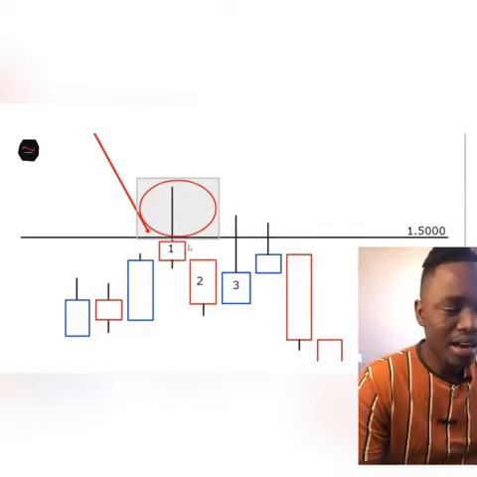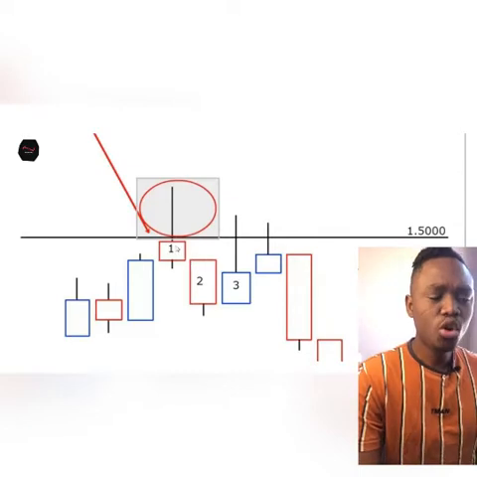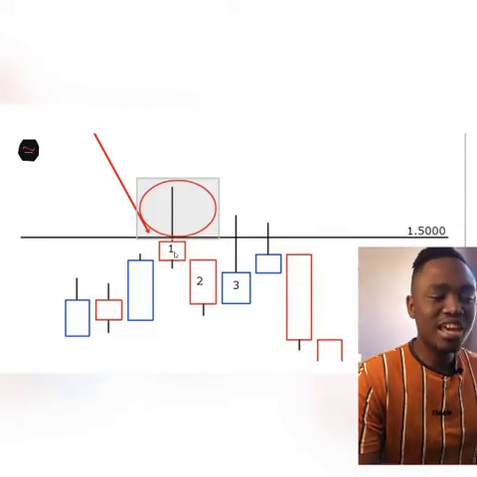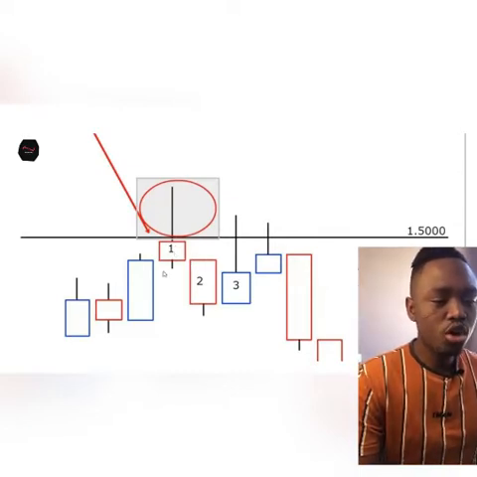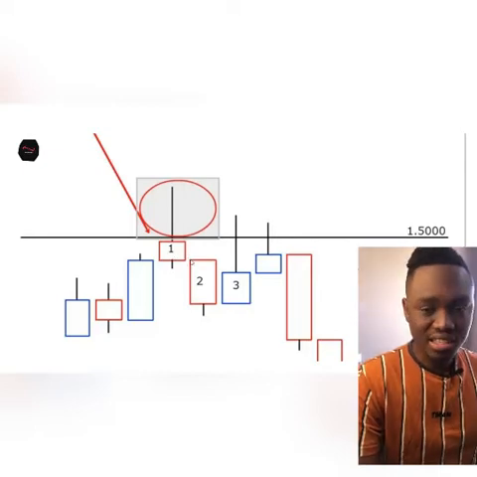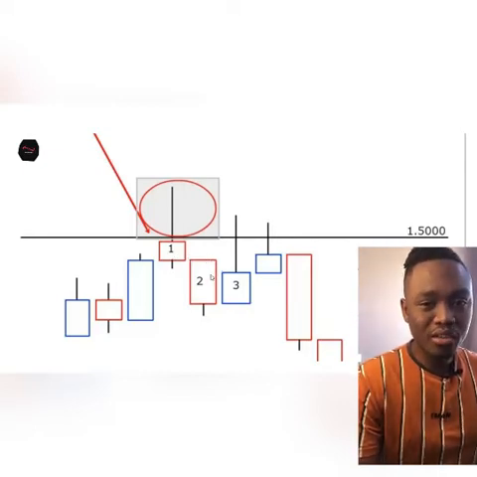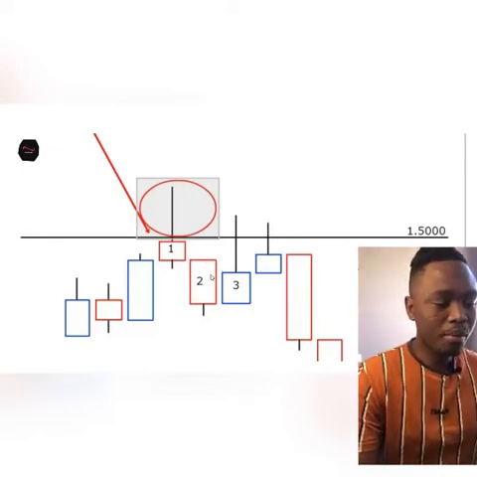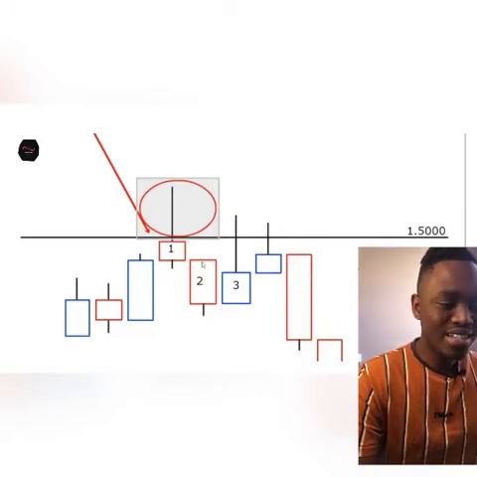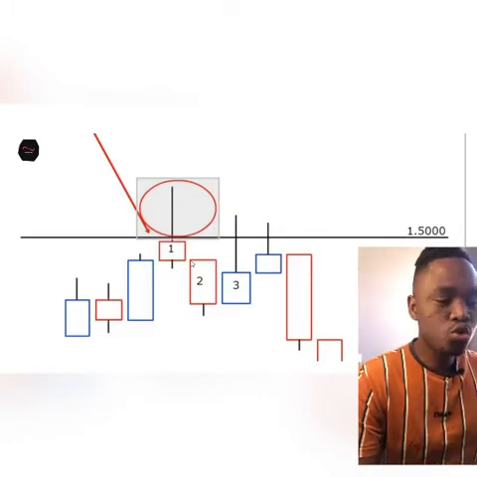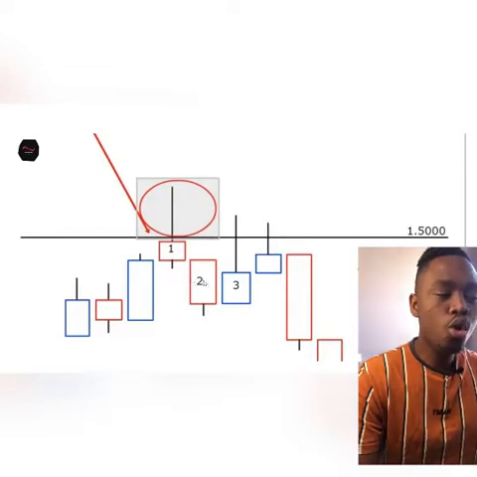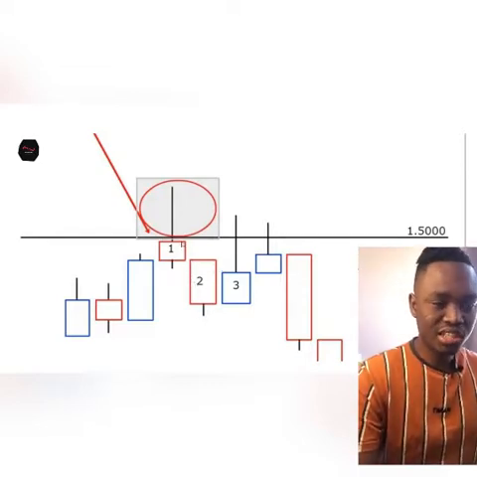Now after this candlestick has closed, we are looking at the second candlestick. Now what are we looking for at the second candlestick? We're looking for price action, or the next candlestick, to actually close 2/3 below the first candle that was rejected. You understand?